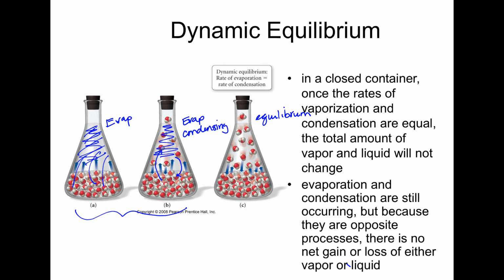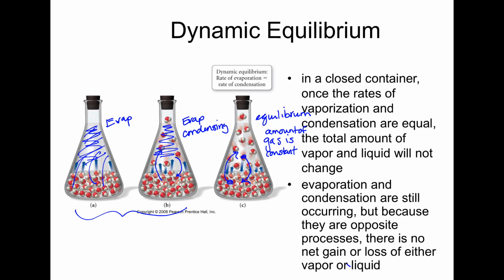But here at equilibrium, for every gas particle that makes it down into the liquid phase, one makes it from the liquid phase up into that vapor phase. And because it's a 1-to-1 ratio there, the amount of gas is constant. And that's where we like to work.